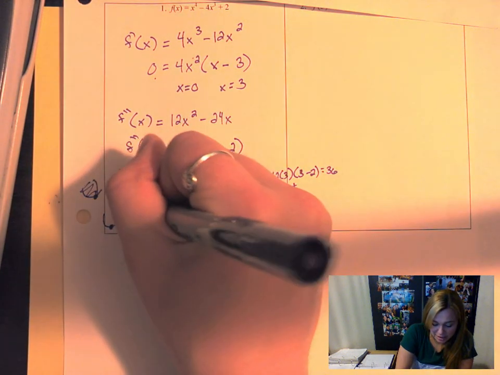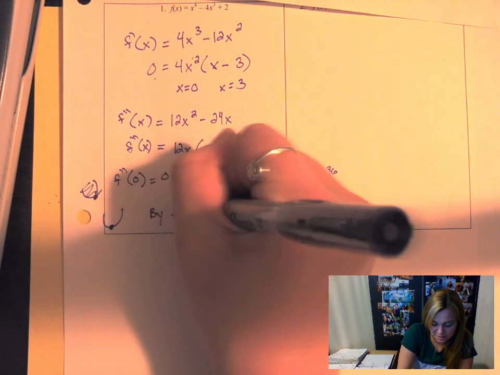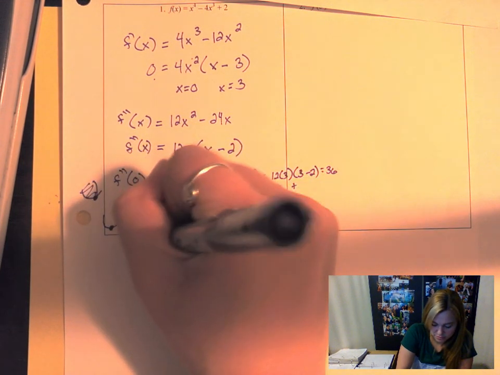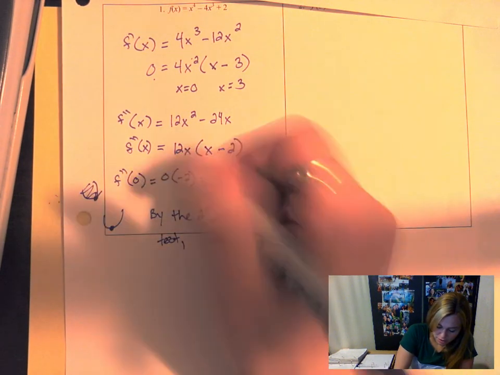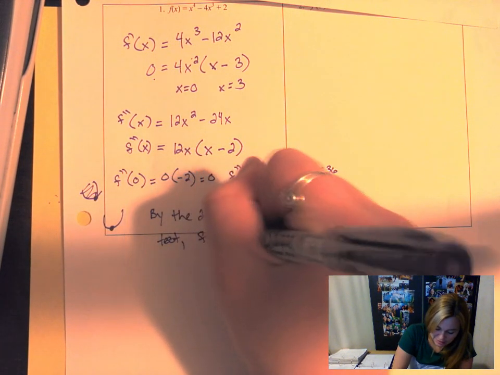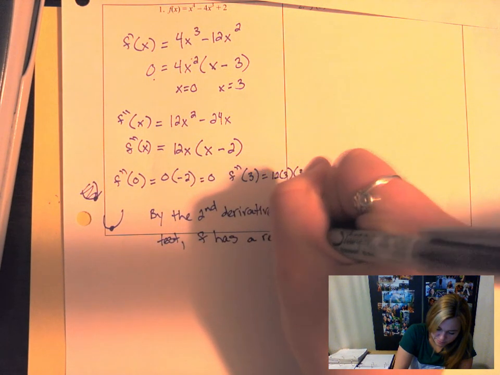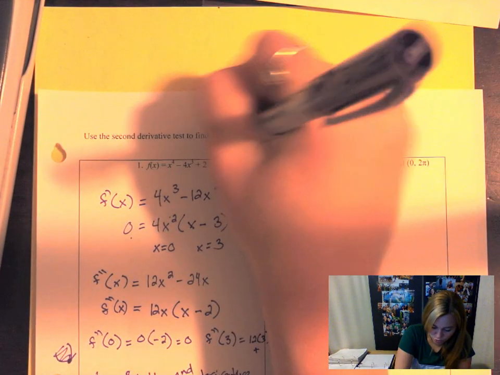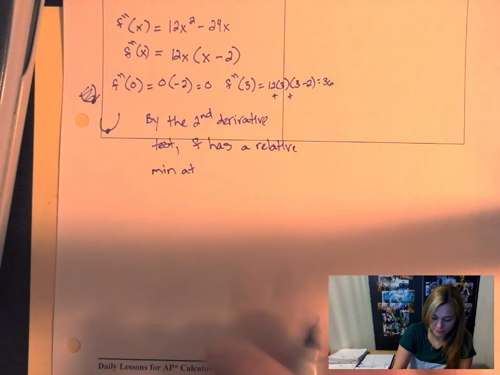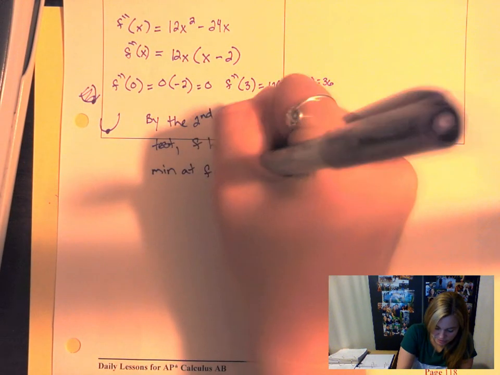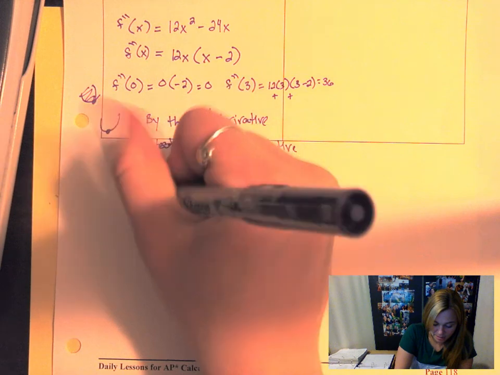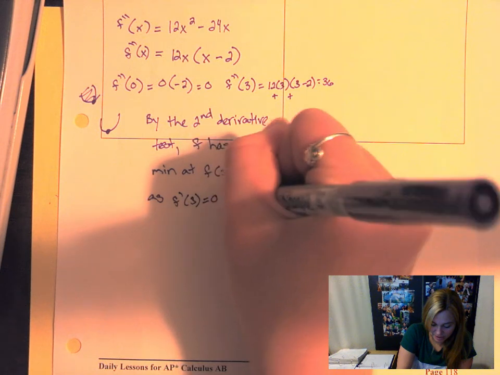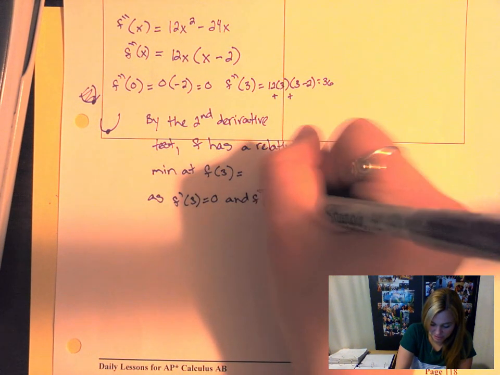So I'm going to say, by the second derivative test, f has a relative min at, and this says coordinates, so I need to actually find the value. F of 3 equals, I'll find that value in a second. And the reason is f prime of 3 is equal to 0, and f double prime of 3 is greater than 0.